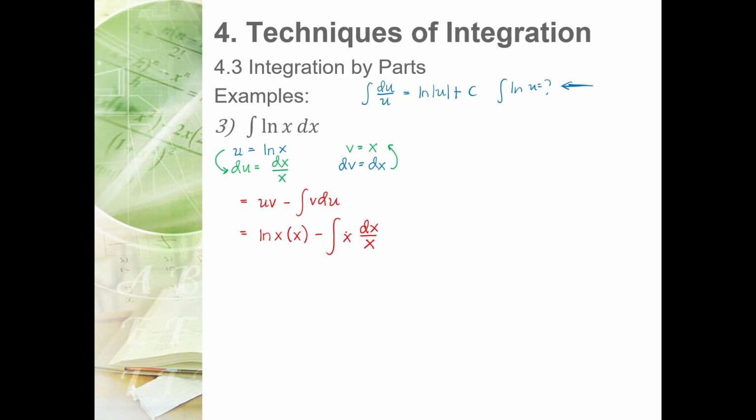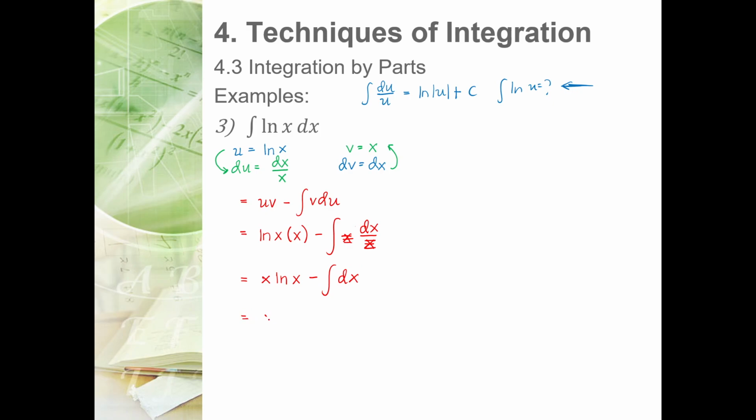Canceling out the x parameter, we have x ln x minus the integral of dx.